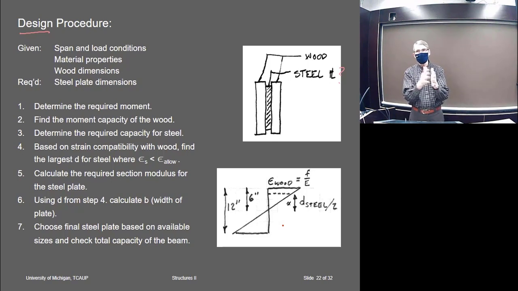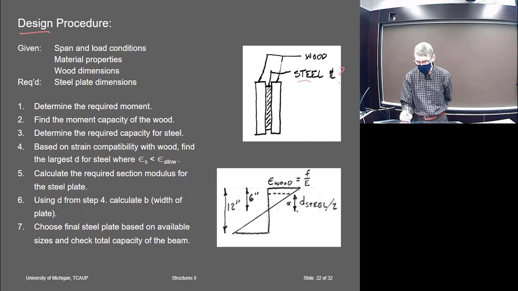You could go through a cycle and decide, oh, I need more wood and I need more steel, or maybe your steel is set and you just want to have enough wood to add to it. But a common scenario would be to take the two pieces of wood as given and find out how much steel you'd have to add to bring it up to strength. So that's the way this is set up. So we're going to look for the amount of steel.